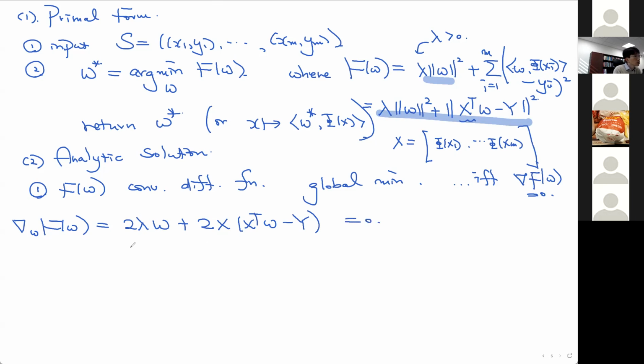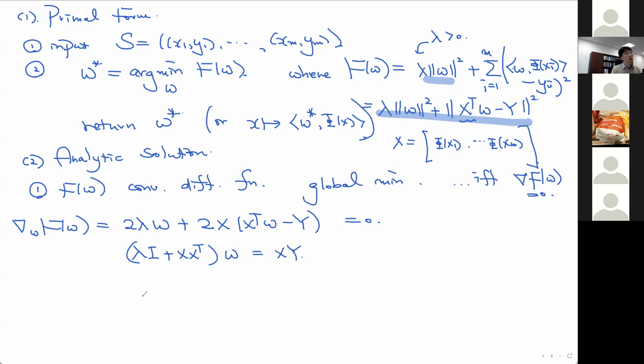Now, if you simplify a little bit, this means that we have lambda identity matrix plus x transpose x, times w, is equal to x transpose y. That's equivalent to this.